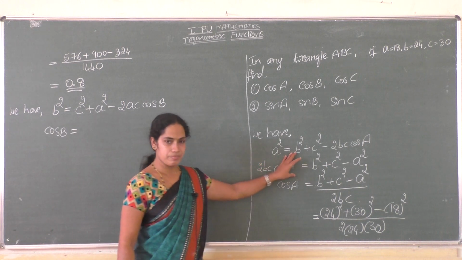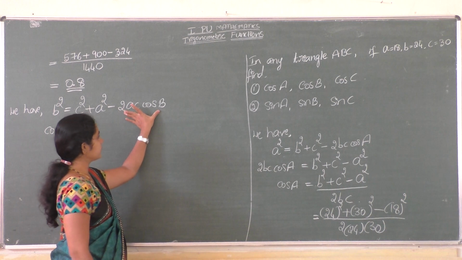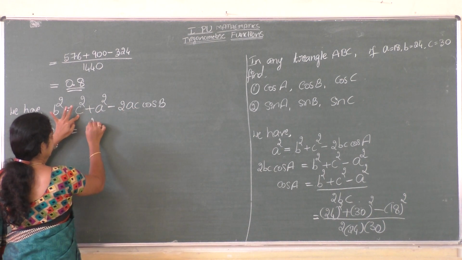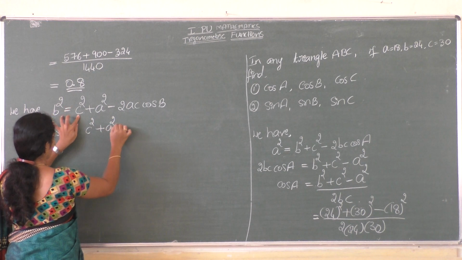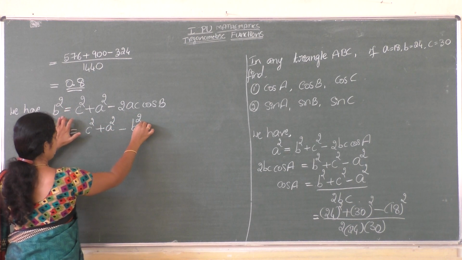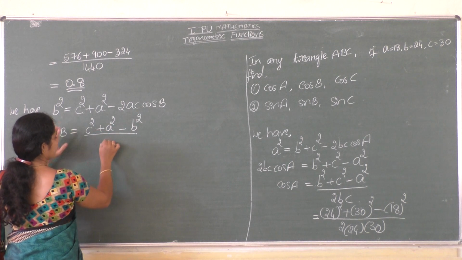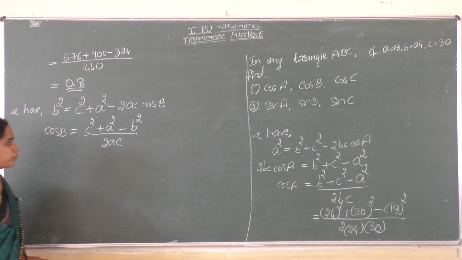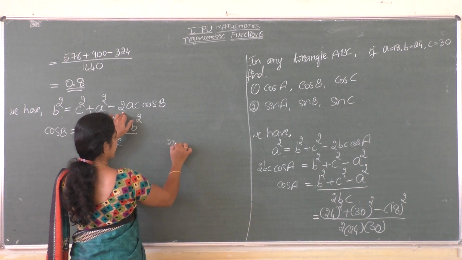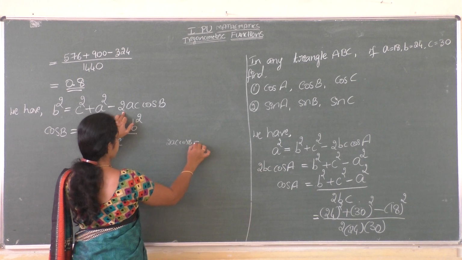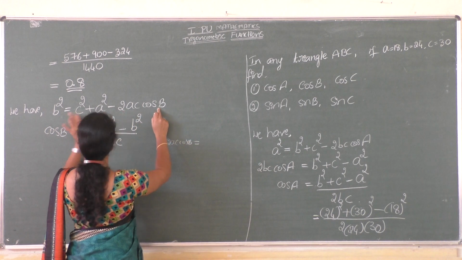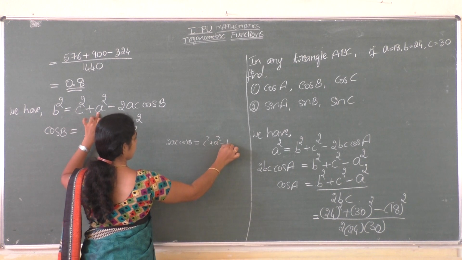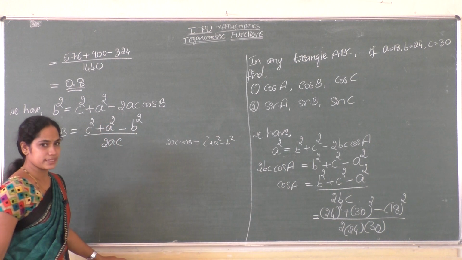Same way, taking these terms to this side, 2ac cos B is equal to c square plus a square minus b square.